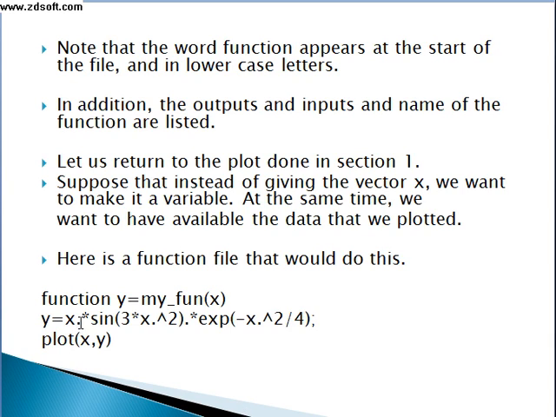I am starting my code here with the word function with f small. Output will be y, so I am writing y in place of output equal to file name, that is myfunc, and in the bracket I am writing input, that is x. In the next line I am defining my variable y with respect to x. Okay, and at the end plot x comma y.